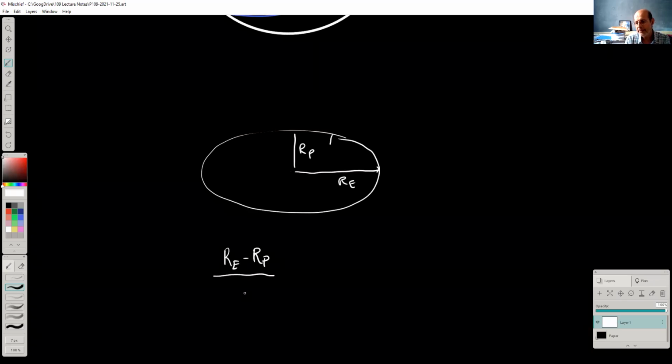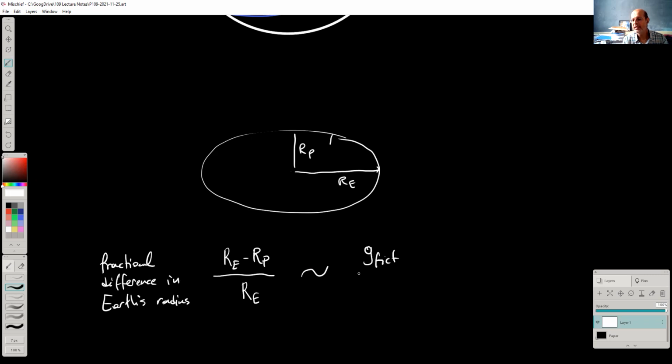But just keep this in mind, since this shape is the result of the rotation of the Earth, the fractional difference in Earth's radius must be of the same order as this fictitious gravity divided by the real gravity.